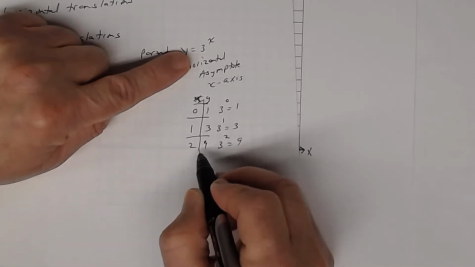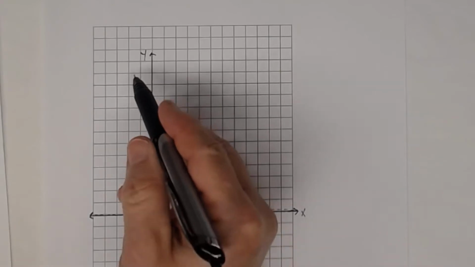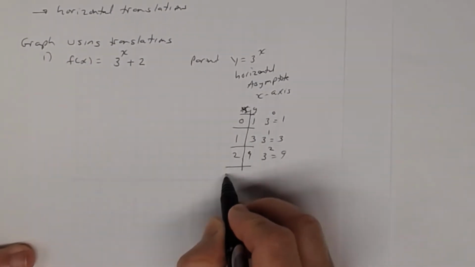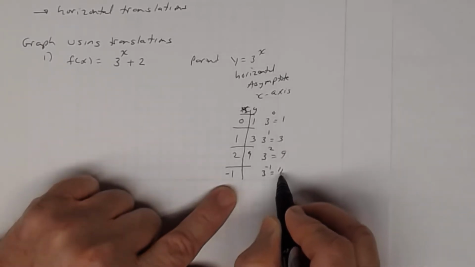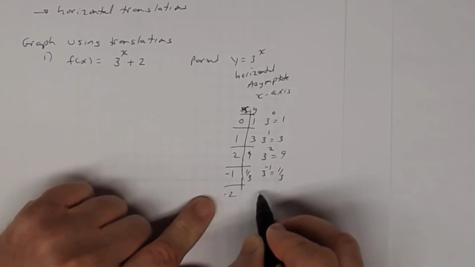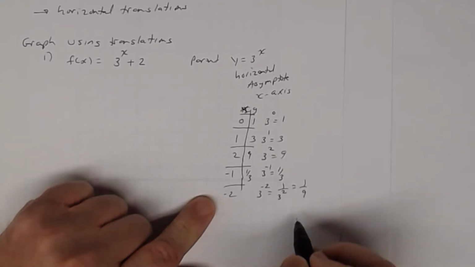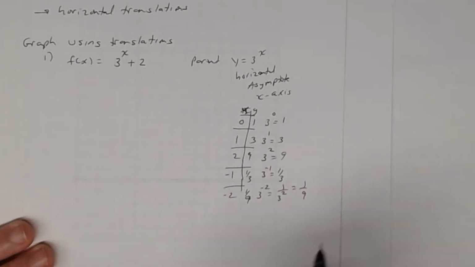After that point, it gets so huge that there's not enough lines here to represent those points. So let's use some negative numbers, though. When x is negative 1, I get 3 to the negative 1, which we know is 1/3. When x is negative 2, I get 3 to the negative 2, which is 1 divided by 3 squared, which is 1/9, and so on. That's enough points for our parent function.